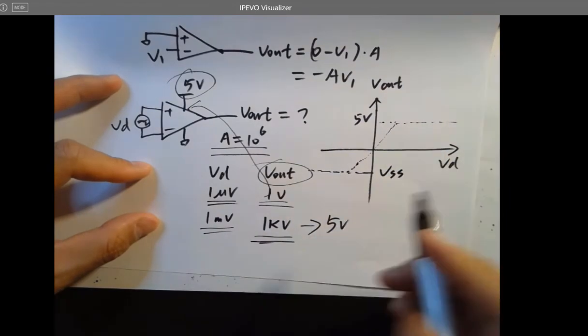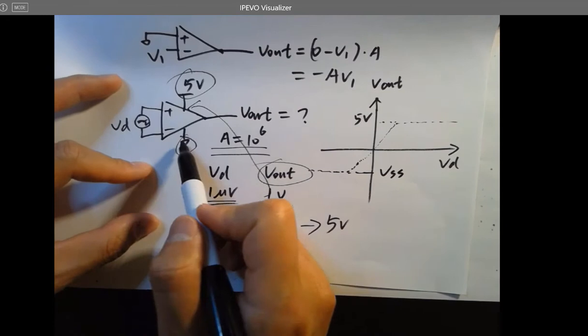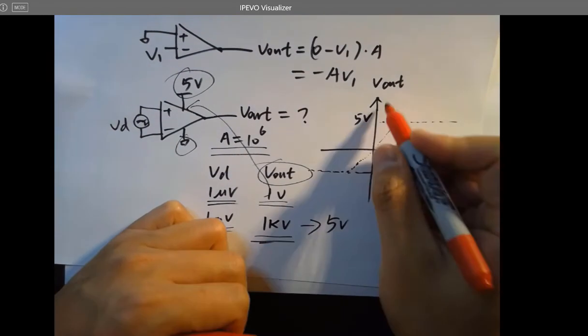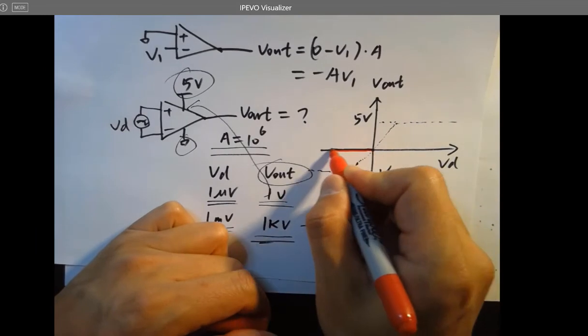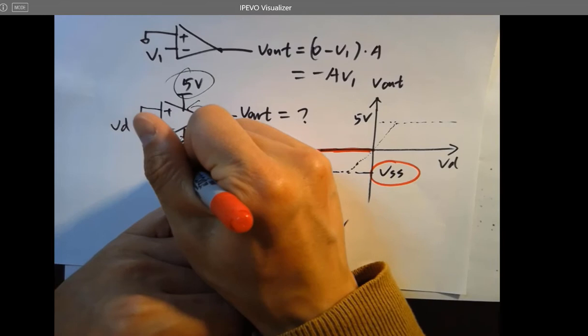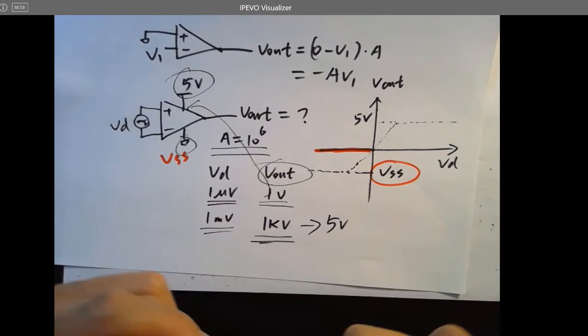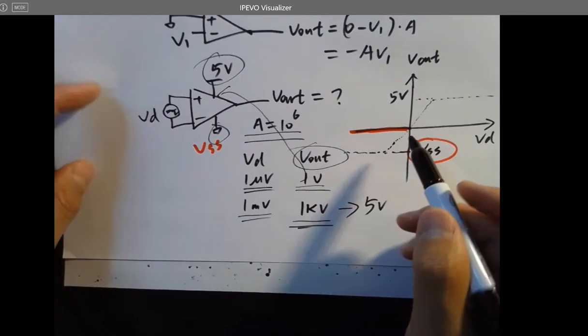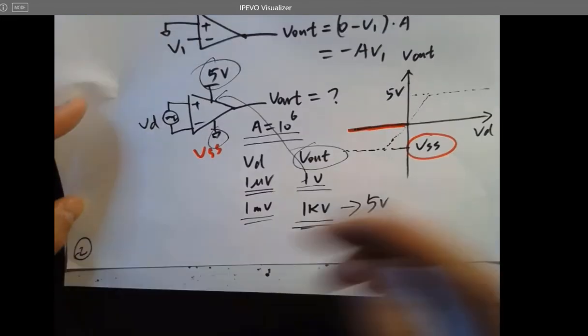So this will be VSS, which is the voltage over here. If this is ground, like in this example, V out will never go below ground. It's going to be something like this, depending on your VSS. Is that 0 or a negative value? That determines your output voltage. So make sure you know this property of the op-amp.